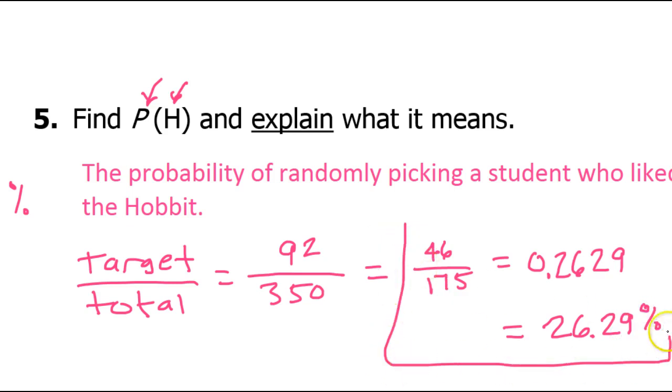All right, so here are 3 different forms of the answer.